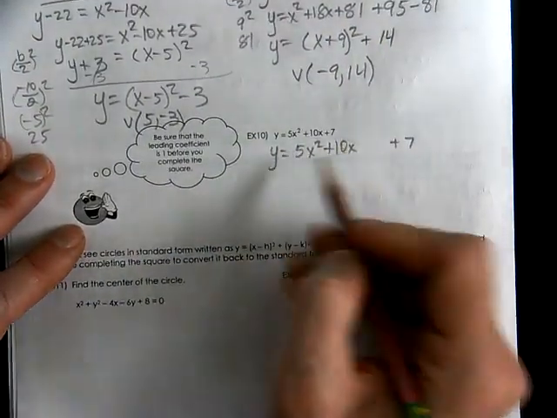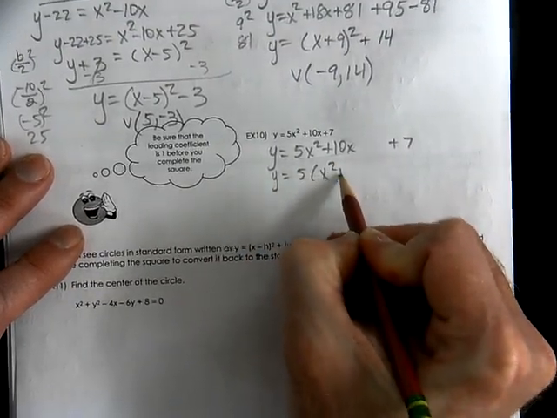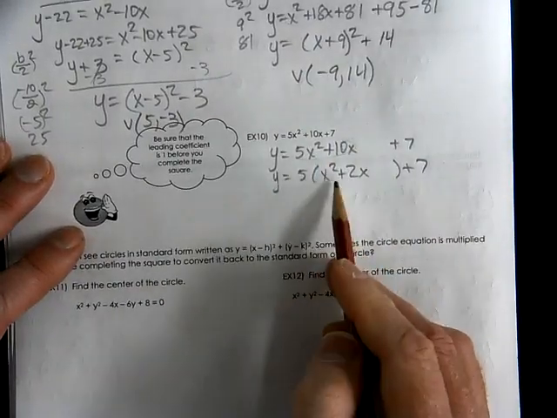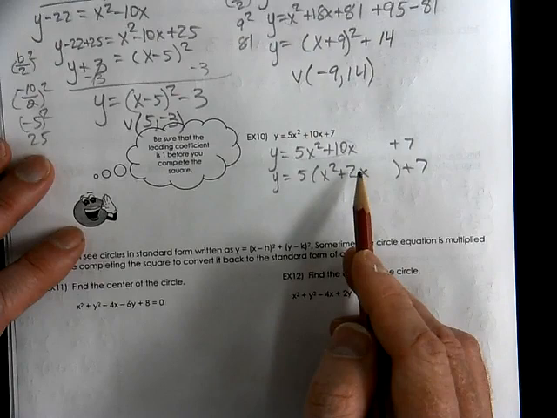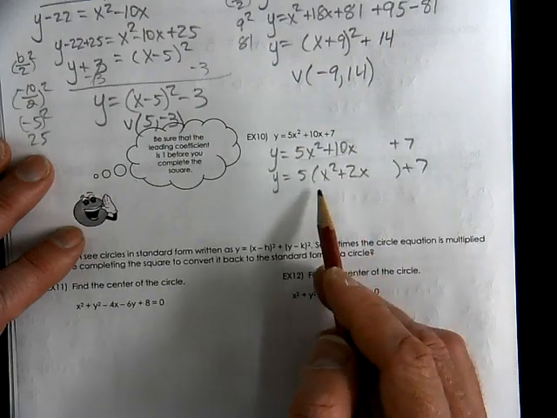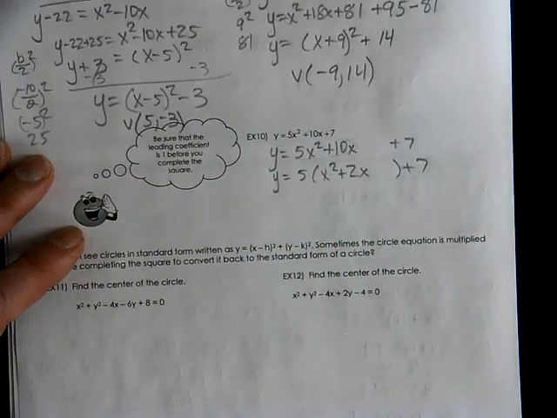I'm going to factor the 5 out of our values with the x's. Now we have a b term that has its a as 1. You have to have an a as 1 when you're completing the square. You have to have an a term of 1.